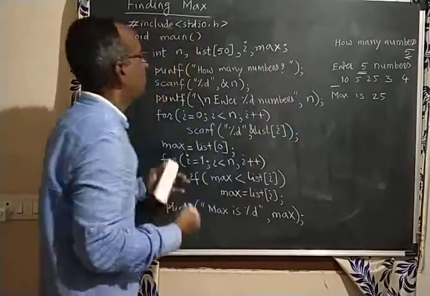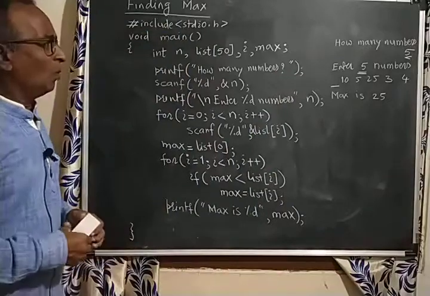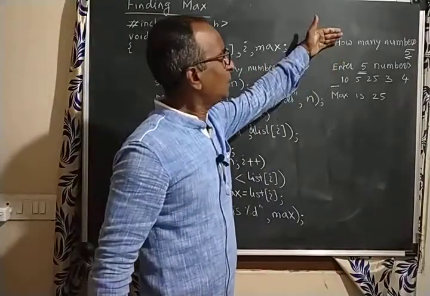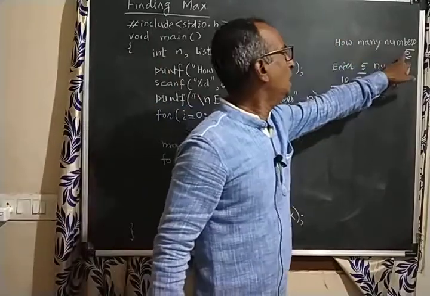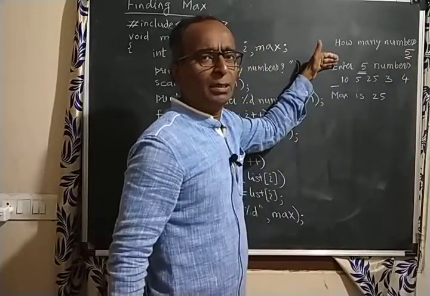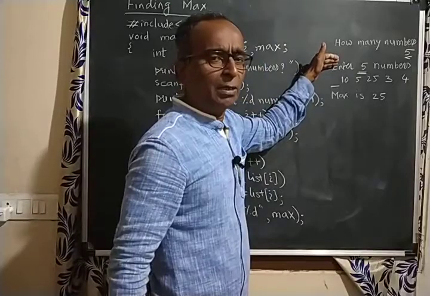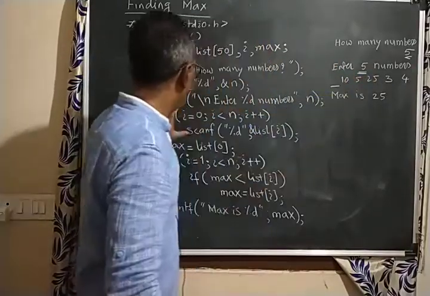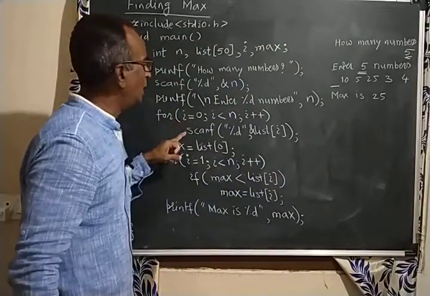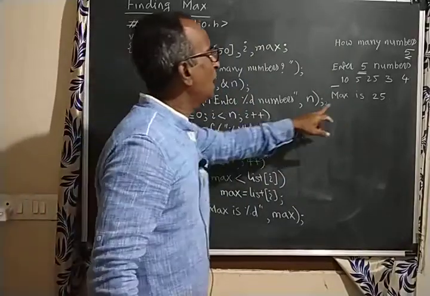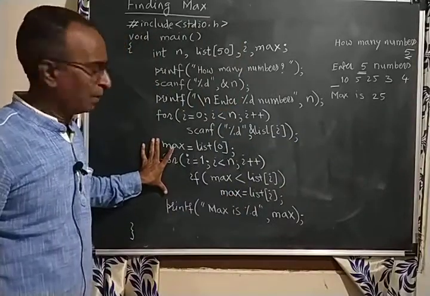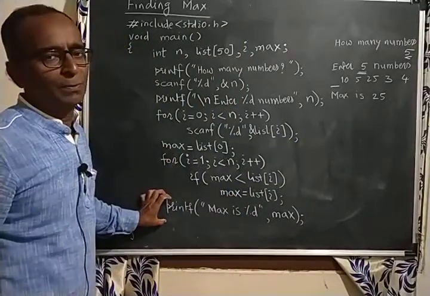So this way, step by step, we can write. If expected output is this, first you are printing this, reading the value. Then you are saying enter that many numbers, reading the values and putting that in array. This is reading business you are doing. Then you are processing and then you are printing the output.